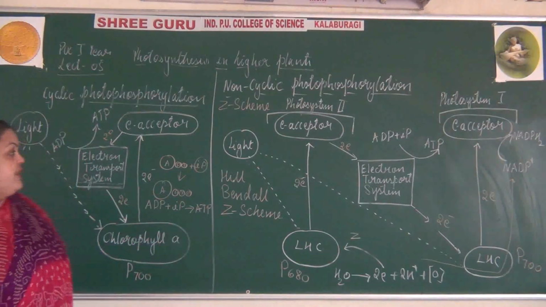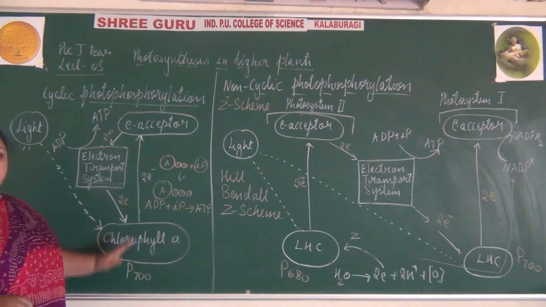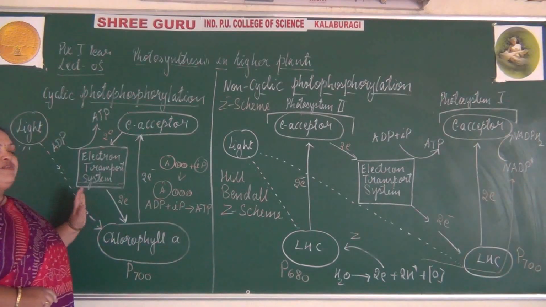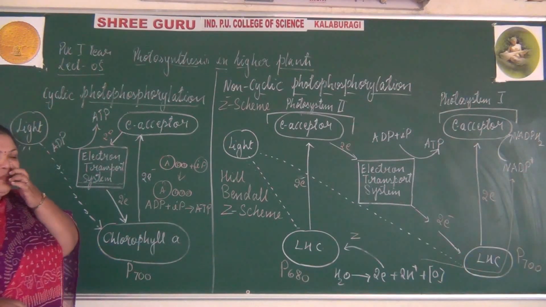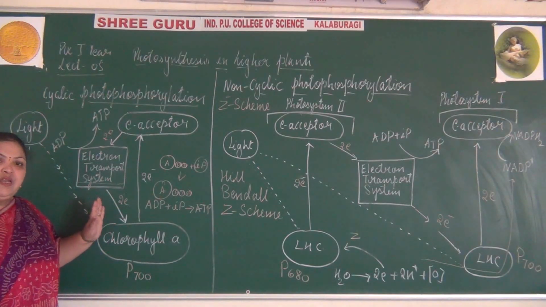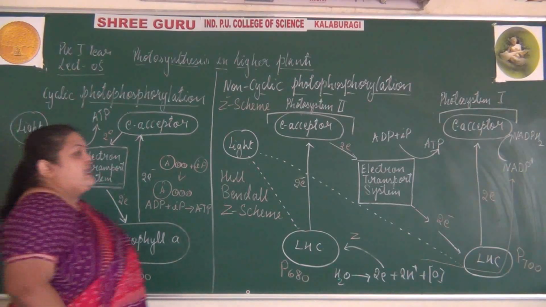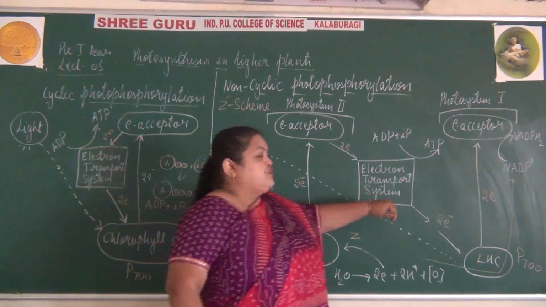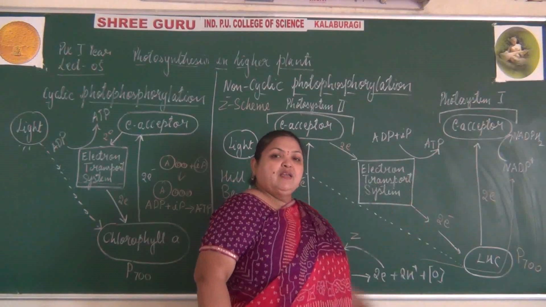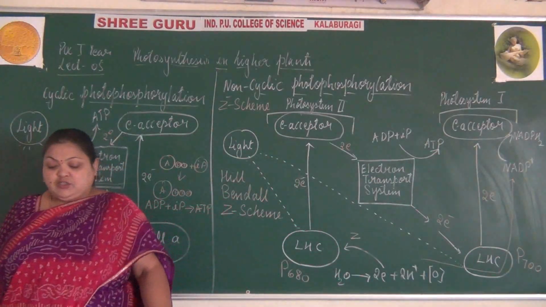In this process NADP is not reduced. It is concerned only with the synthesis of ATP molecules. NADP is not reduced by cyclic phosphorylation, while NADP is reduced by non-cyclic photophosphorylation.